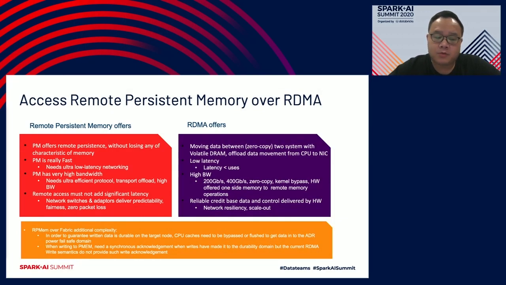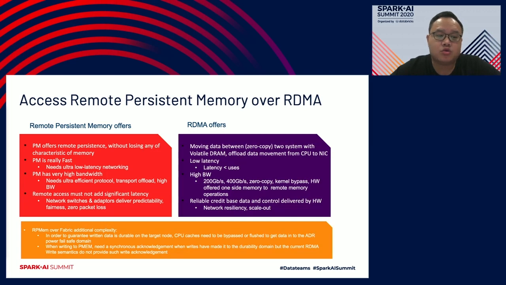So it looks like accessing the remote persistent memory will be the most challenging one. Because persistent memory offers remote persistency without losing any of the characteristics of memory, it's really fast, which means you need ultra low latency networking and very high bandwidth.